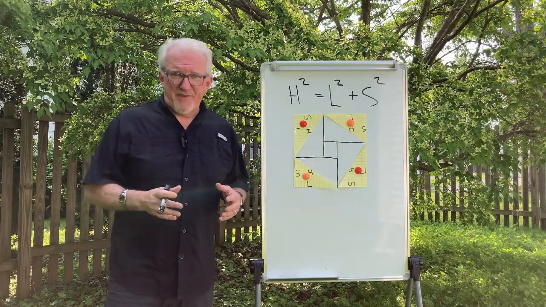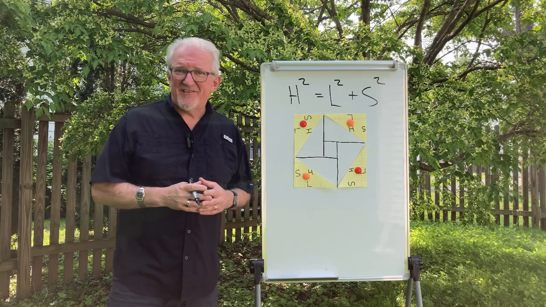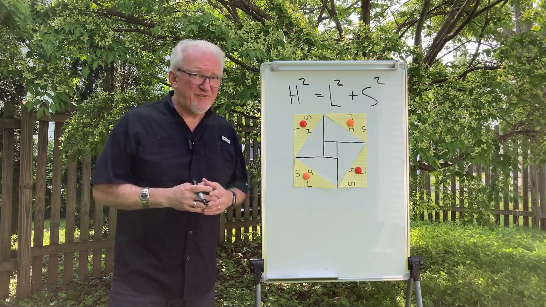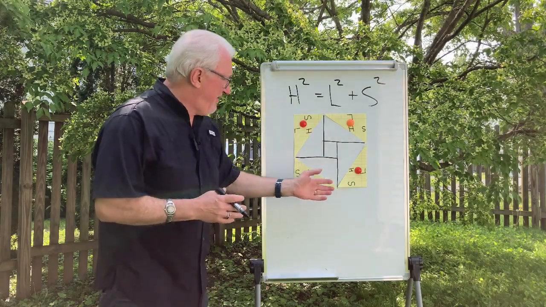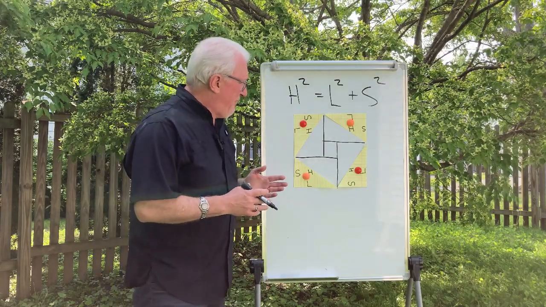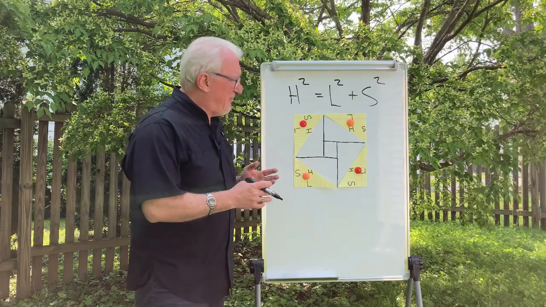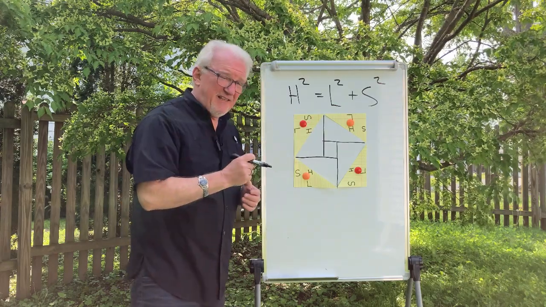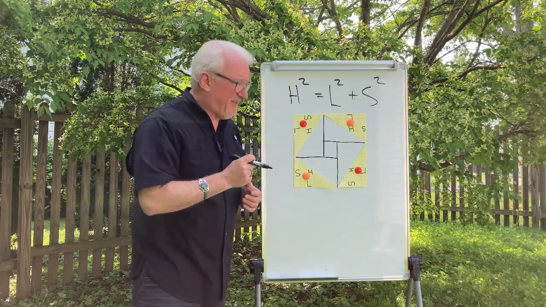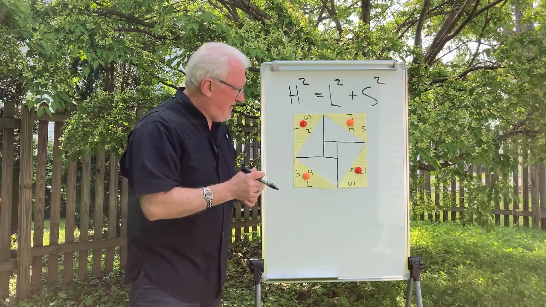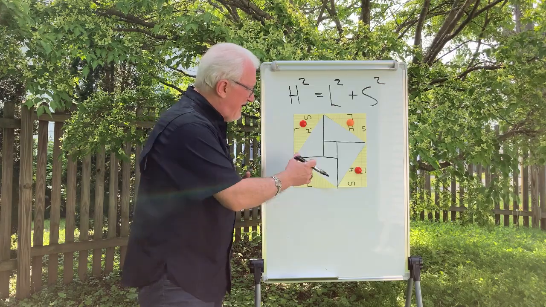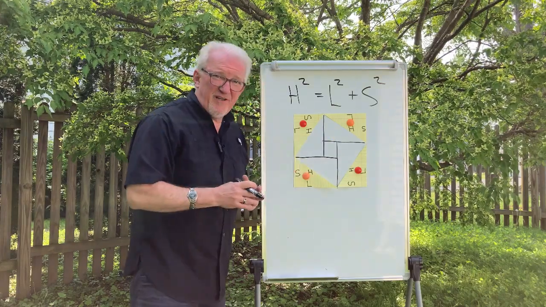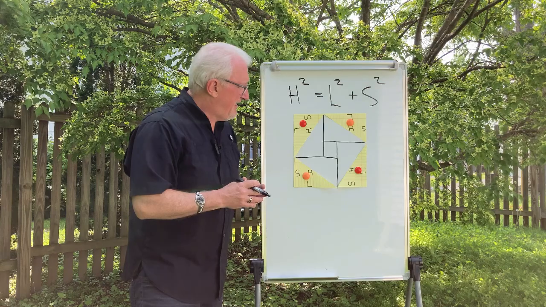The last proof of the Pythagorean theorem that I'd like to give today is actually a combination of the other two. We're going to use the large square that was formed by the four congruent triangles arranged so that the side length of the square is S plus L, and it's going to involve the other arrangement of those four congruent triangles that I have drawn inside.